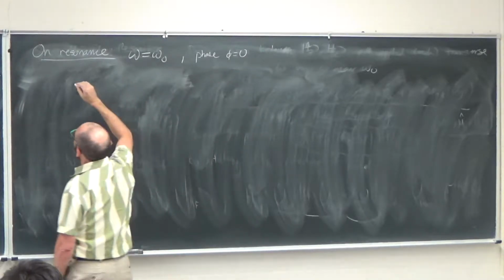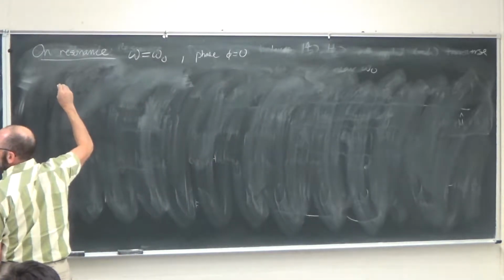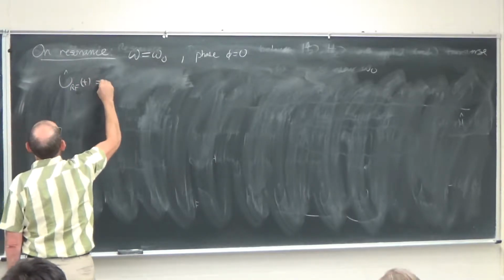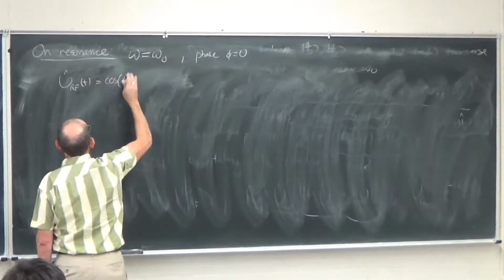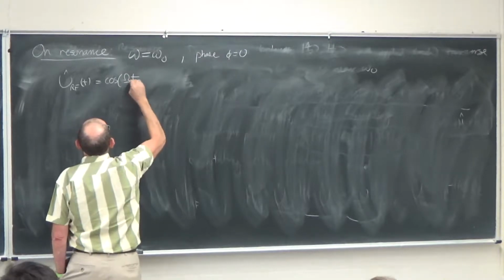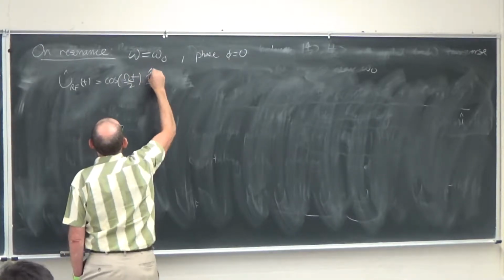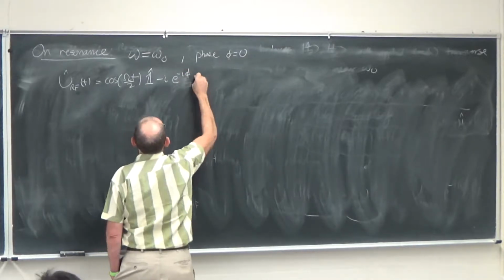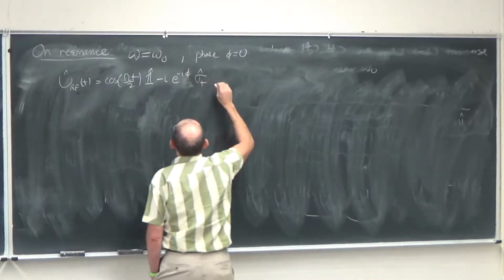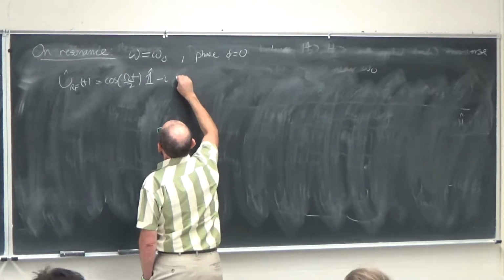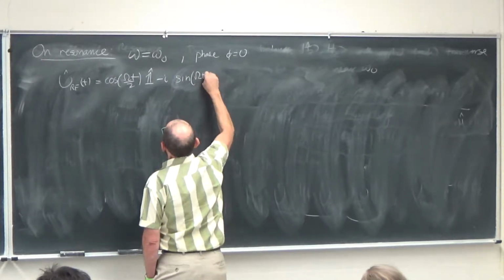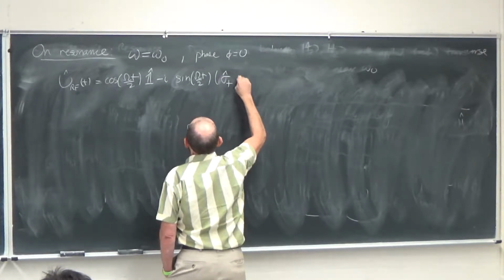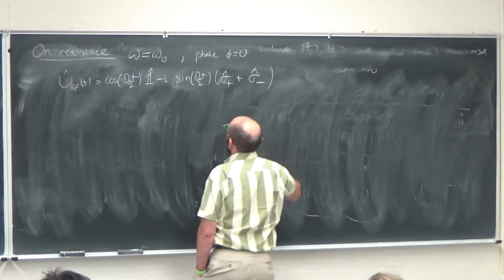So in that case, we have in the rotating frame, the time evolution operator is cosine of the Rabi frequency over 2 times t times the identity minus i e to the minus i phi sigma plus sine omega t over 2 sigma plus sigma minus. Right?